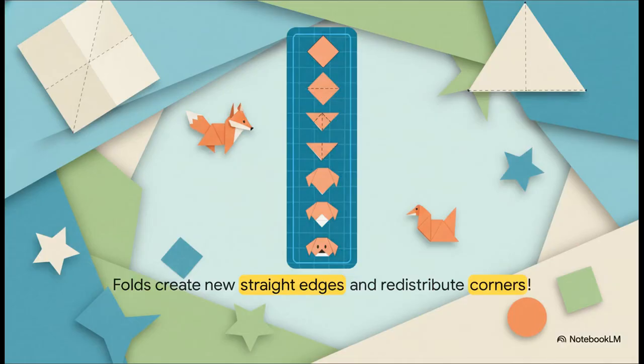It's so cool because the key insight here isn't just making a cute paper dog. It's noticing how the number of edges and corners literally changes with every single fold. Think about it. A square starts with 4 corners, but the second you fold it diagonally, boom, it's a triangle with 3. Every new fold creates completely new straight edges and totally redistributes the corners. It's just a fantastic way to actually feel the math changing right in your hands.